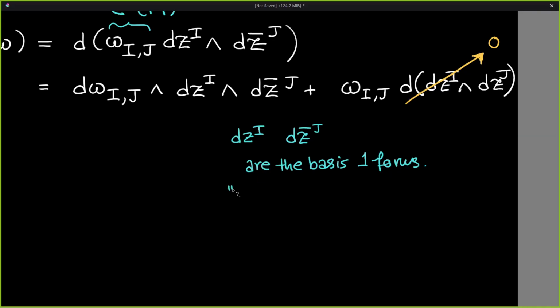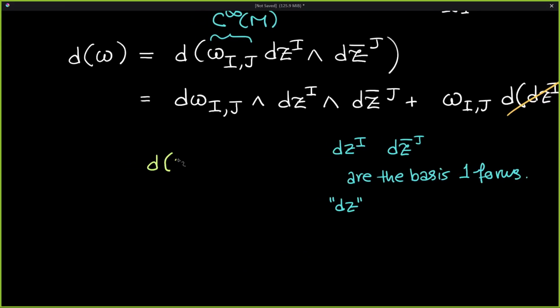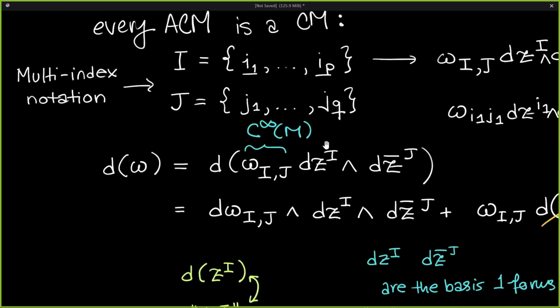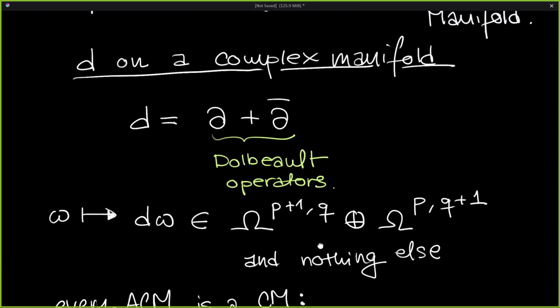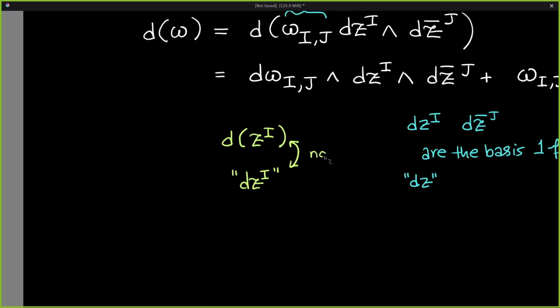You can think of dz as the name. There's a pun here. There is the operator d acting on z, or z i, and there is this thing that we call dz i. And unless our coordinates are holomorphic, so this is where J being integrable comes in, if J isn't integrable, then these are not the same thing.